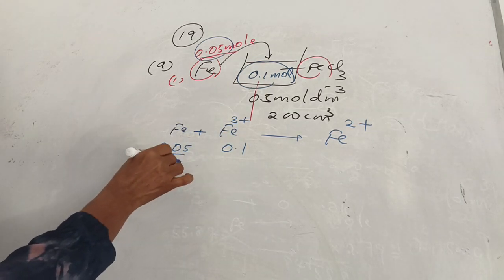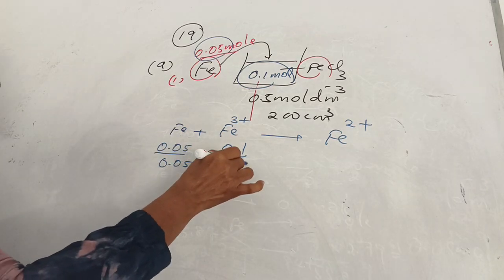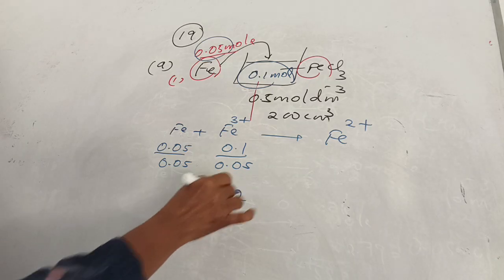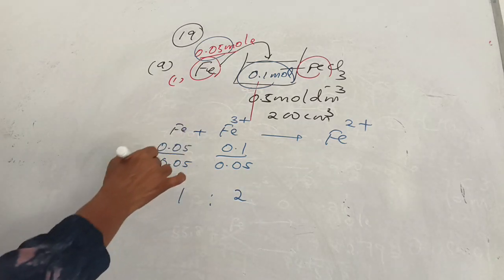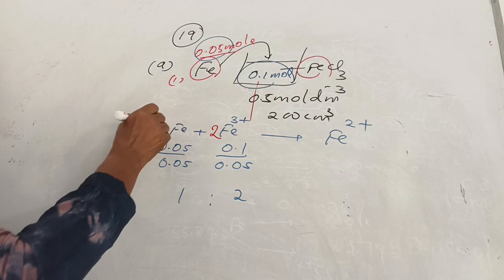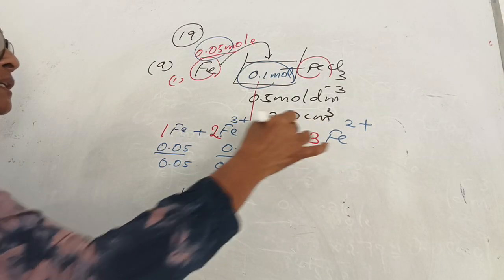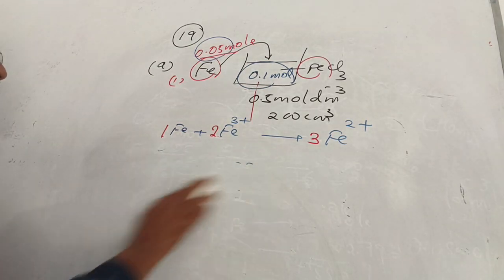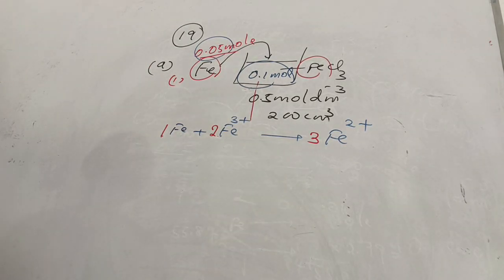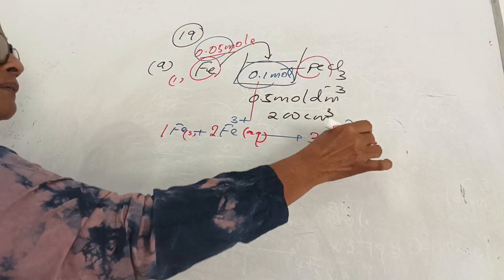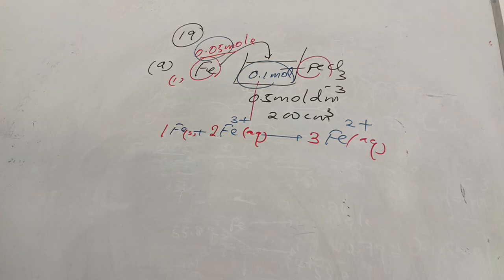You divide both by the smallest number, and you get a reacting ratio of 1 to 2. So 1 iron reacts with 2 iron 3 plus, and finally all become iron 2 plus. The state symbols can then be added: solid iron with aqueous iron 3 plus, which gives you altogether 3 marks for part A3.